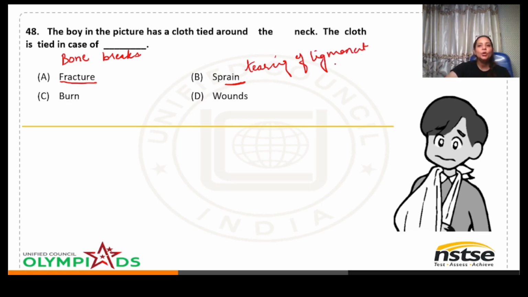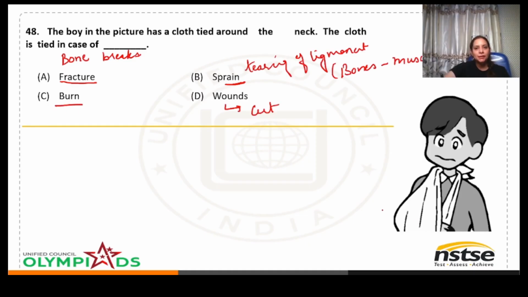And ligaments are those which join bone with bone. A wound refers to any cut. It can be a deep-seated cut, or maybe superficial. A burn is basically rashes which are caused because of getting in contact with fire. That is what a burn is.